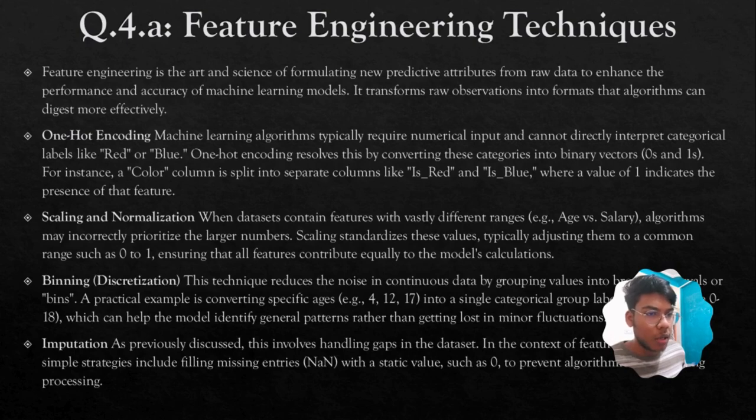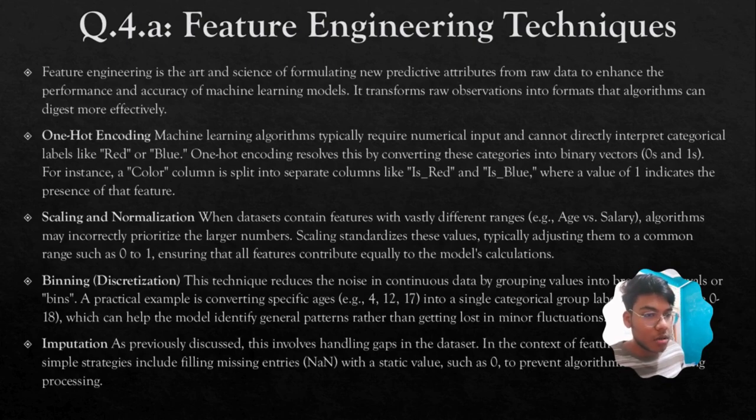One hot encoding. Machine learning algorithms typically require numerical inputs and cannot directly interpret categorical labels, like red or blue. One hot encoding resolves this by converting these categories into binary vectors that are zeros and ones.